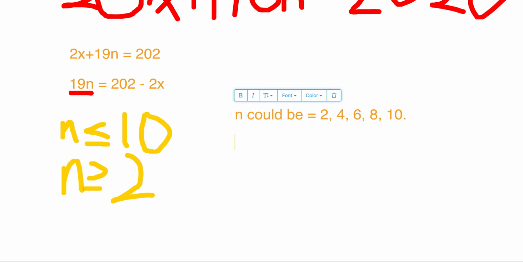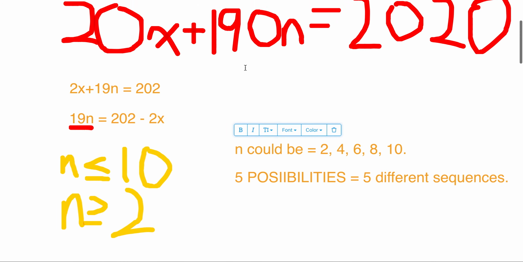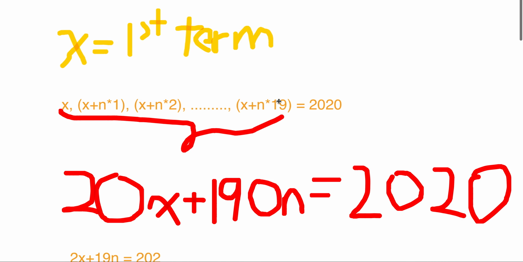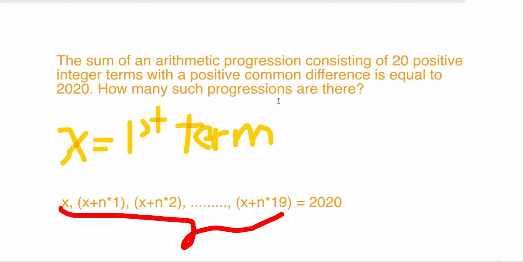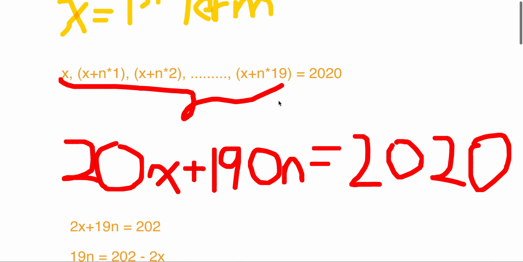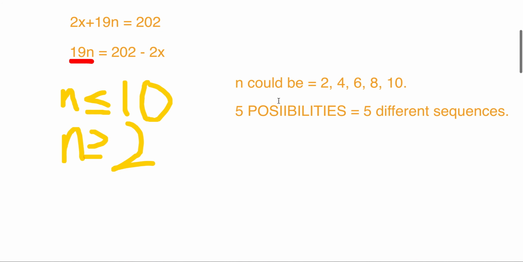That is 5 possibilities, which is 5 different sequences, and therefore we answer the question. We have 5 different progressions that have 20 positive integers within them, whose sum is 2020.